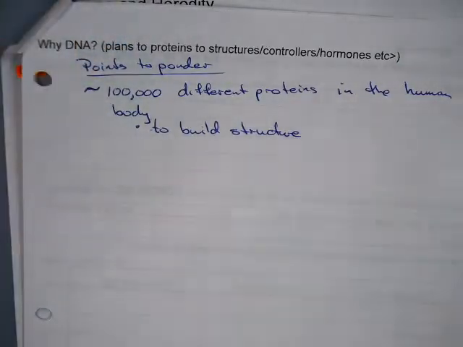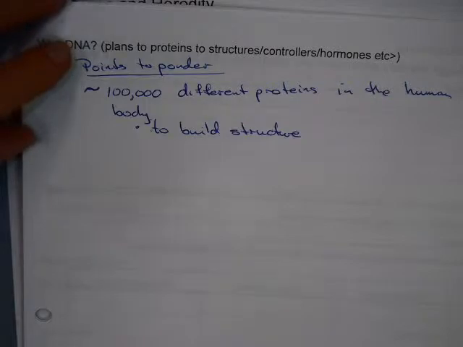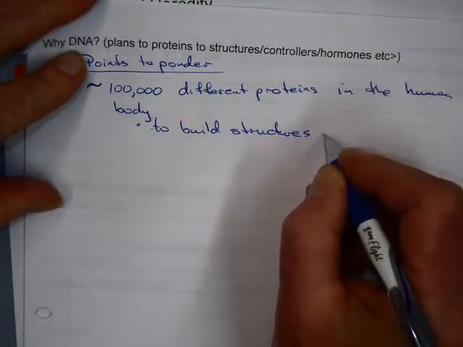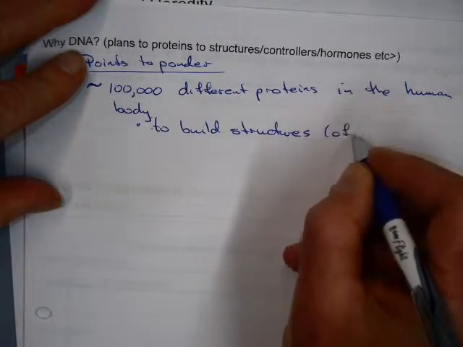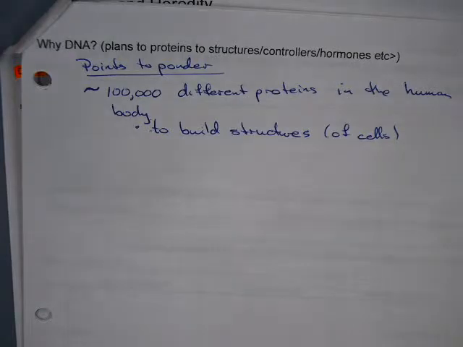They're parts of, they constitute every organelle in a cell, and they're part of the cell wall, in fact, to build structures. And other things, like hair is actually, it's called keratin, it has keratin in it, which is a protein. Nails are too, all sorts of things.